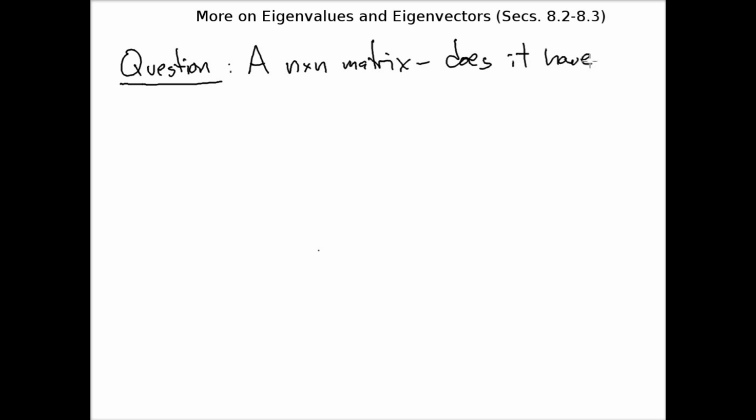Okay, I'd like to pose a question now. Suppose A is an n by n matrix. Does it have at least one eigenvector and eigenvalue?